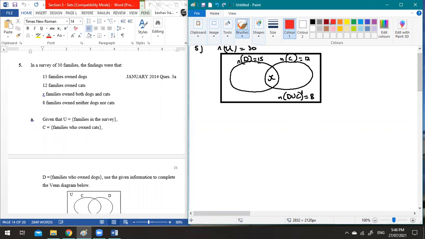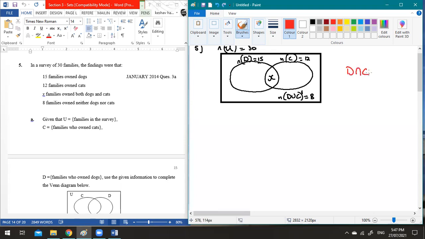Now, the middle here would be 15 minus x. Here, which is cats only, will be 12 minus x. And remember, this wording for here is dogs intersect cats. And I'm not showing properly there, so I'll write it on the outside here.